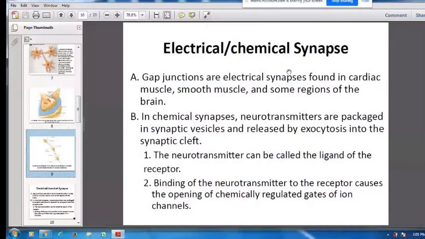The neurotransmitter can be called the ligand of the receptor. The binding of the neurotransmitter to the receptor causes the opening of the chemically regulated gates of ion channels.